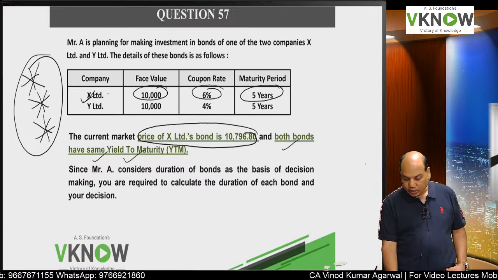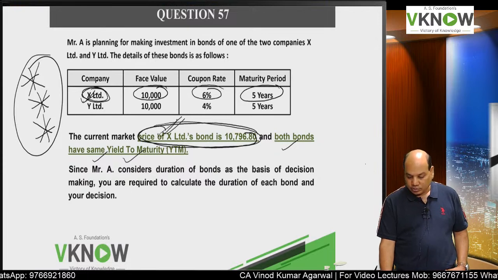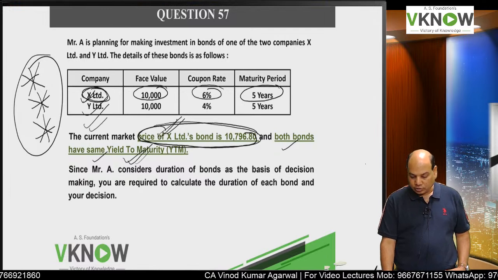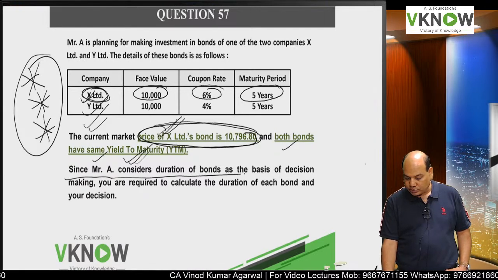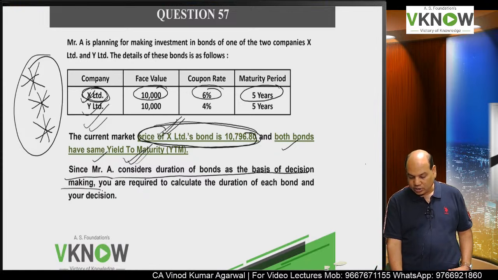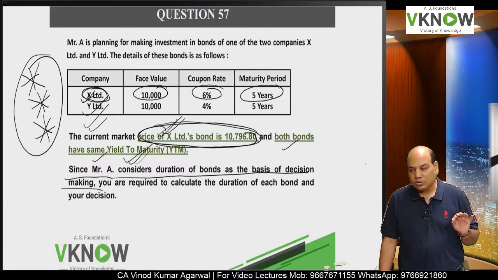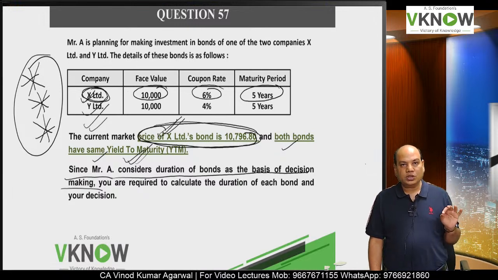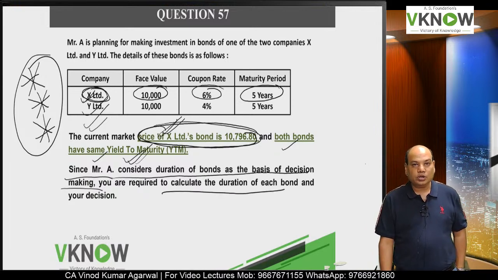So first you will find the YTM of bond X using this price, and once you find the YTM of bond X, the same YTM applies for bond Y also.